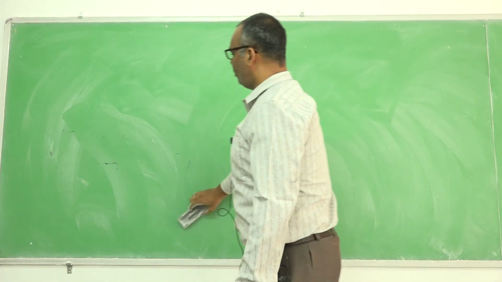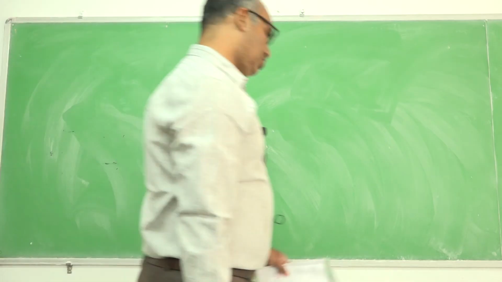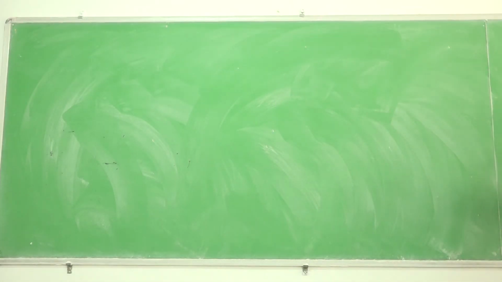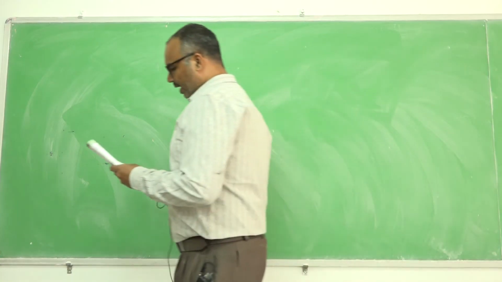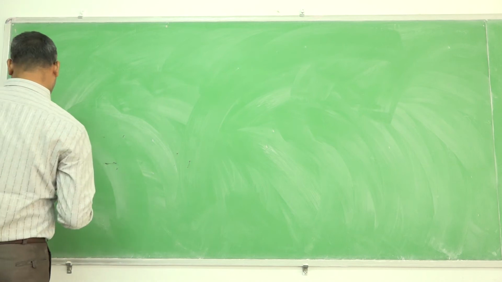Try to answer along with me. The question says, find the magnetic field at P due to the arrangement as shown.